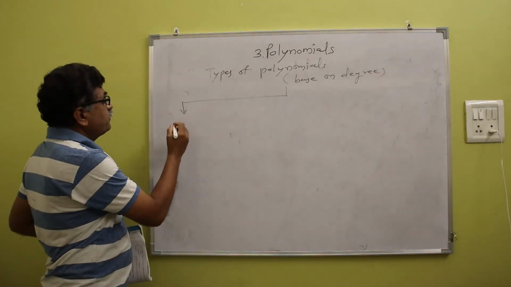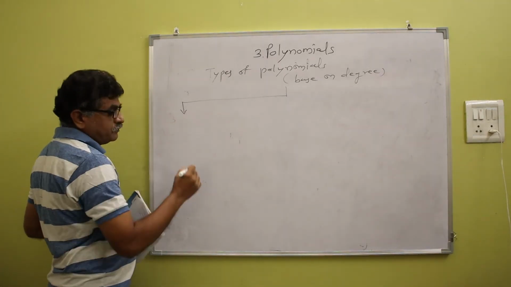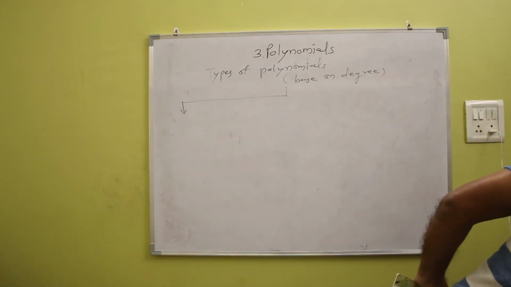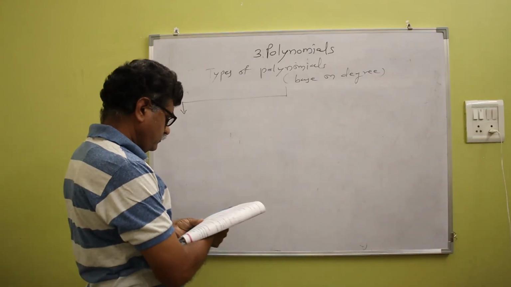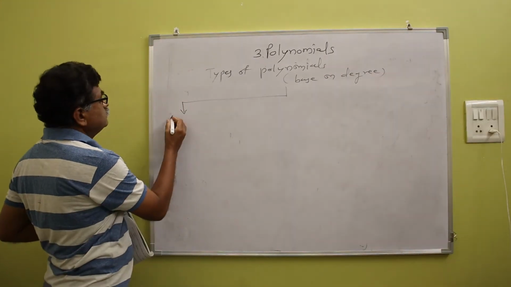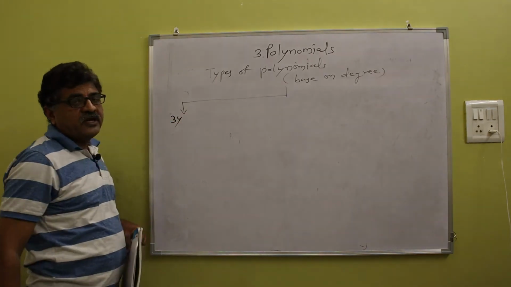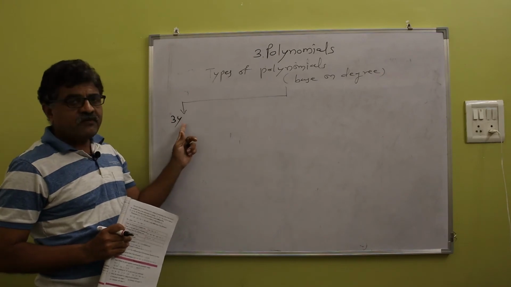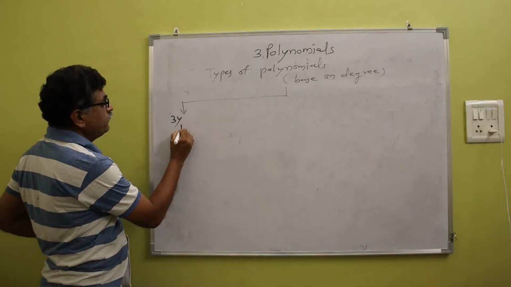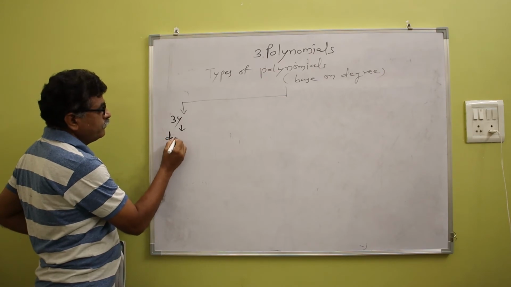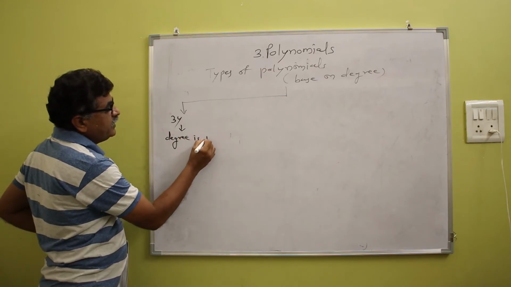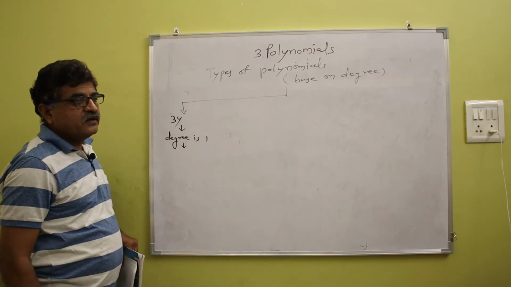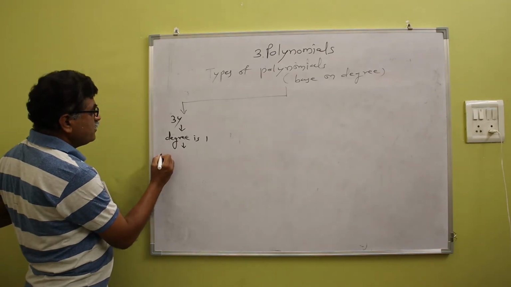Now here first example, 3y. Types of polynomial based on degree, 3y. What is the degree of this polynomial? Degree is 1. Therefore, if degree of polynomial is 1, this is called a linear polynomial.